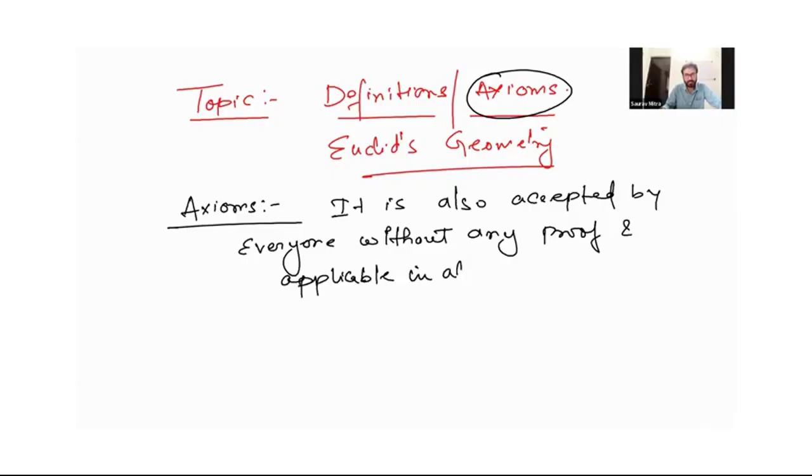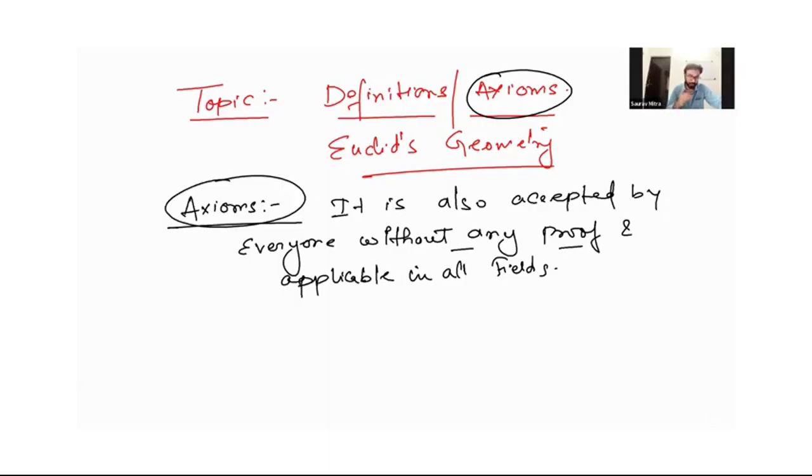Just like we use some words, theorems, axioms, results. So the word axiom, it is accepted by everyone and it doesn't require any proof and it is valid everywhere. Okay. So this is what the word axiom means.